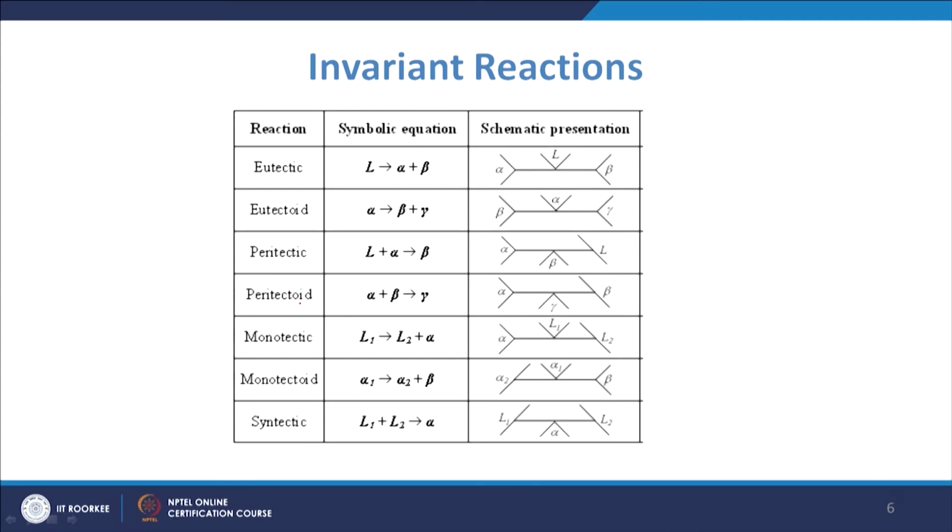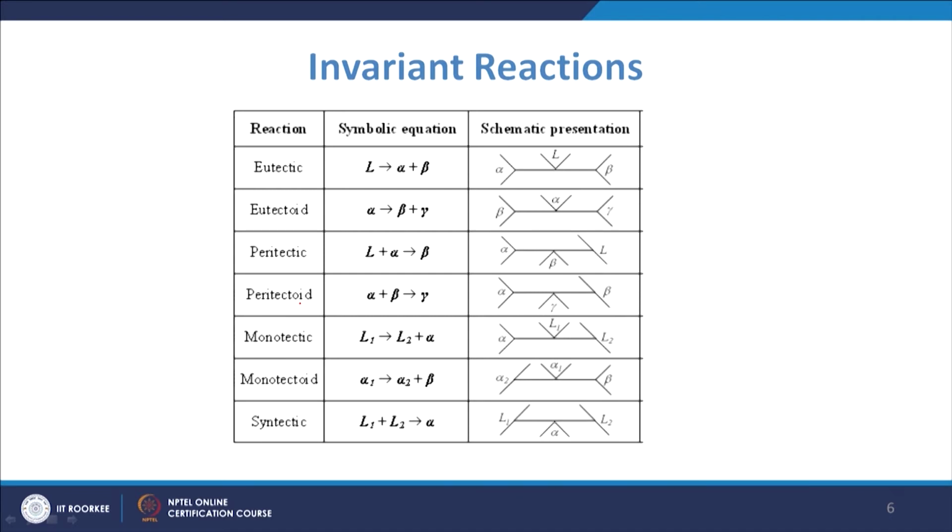Now, in this case you will have the transformation from one phase to another. So, liquid will be converting to alpha plus beta, and in many places you will see the eutectic reaction taking place.